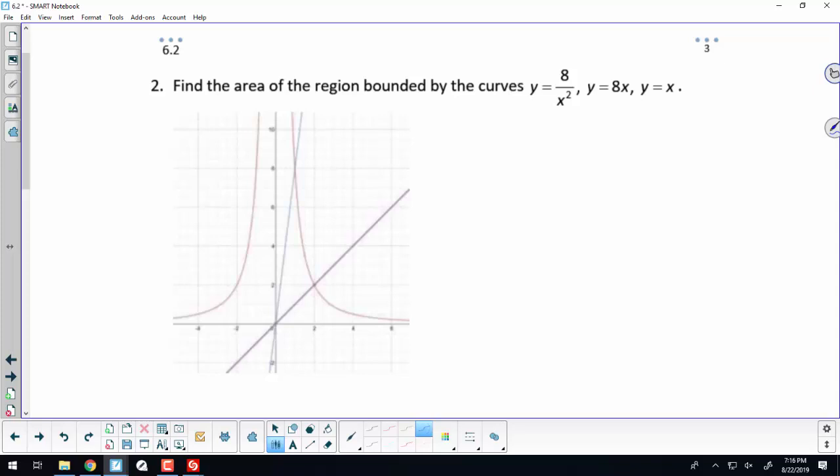This blue line here is 8x. We'll call that purple line y equals x. And the red curve here is 8 over x squared.